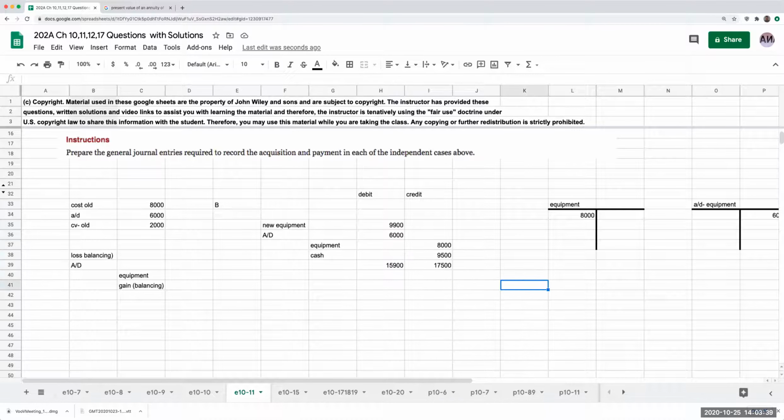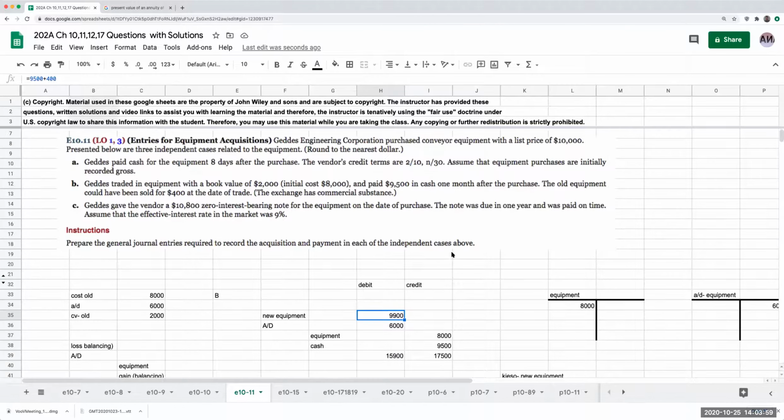So your book, Kieso, is saying this is 9,900, but I think that if the equipment is truly worth 10,000, or if that's the list price, then that's what you would record it at. So I'm going to depart here from what the book is saying.